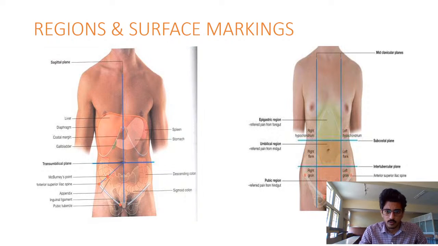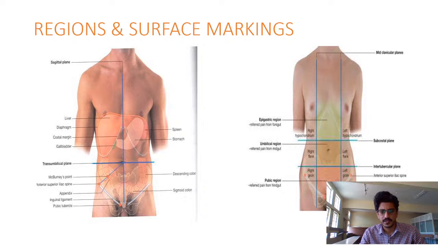The center green part that you see is the epigastric region, and the right side is the right hypochondrium and the left side is the left hypochondrium. That is the subcostal region, where the costal margin is felt. The center one is the umbilical region, and the lateral parts are called the right flank and left flank.